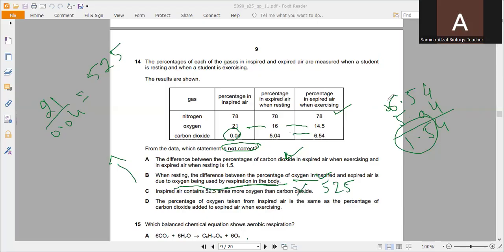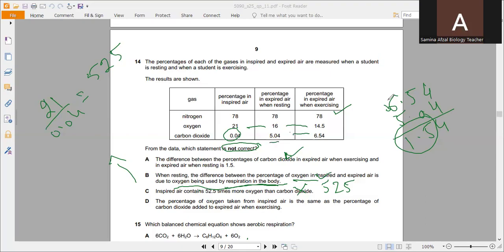The percentage of oxygen taken from inspired air is the same as the percentage of carbon dioxide added to expired air when exercising. It is almost, you can see, 21 minus 16 equals 5, and the same is 5.04.